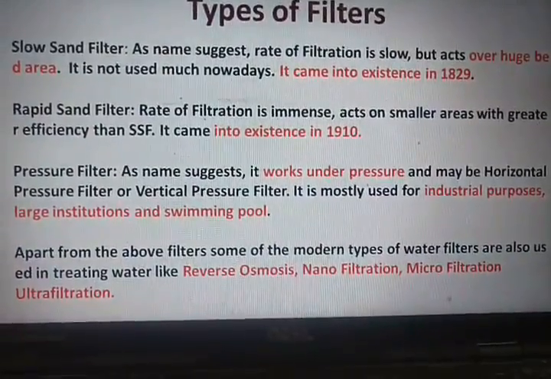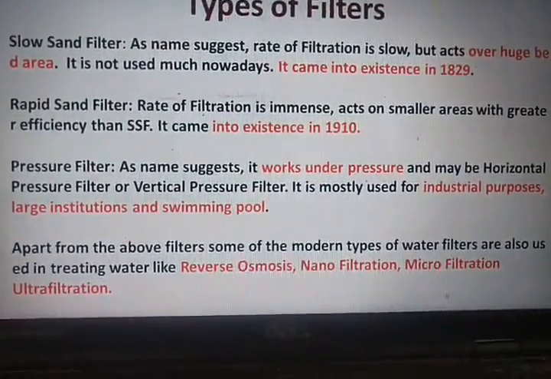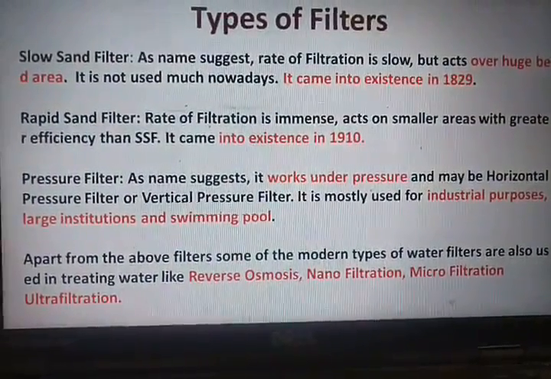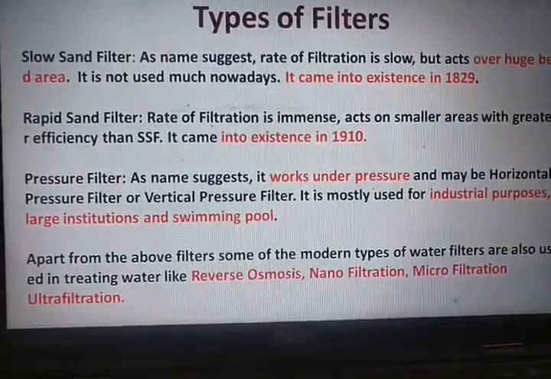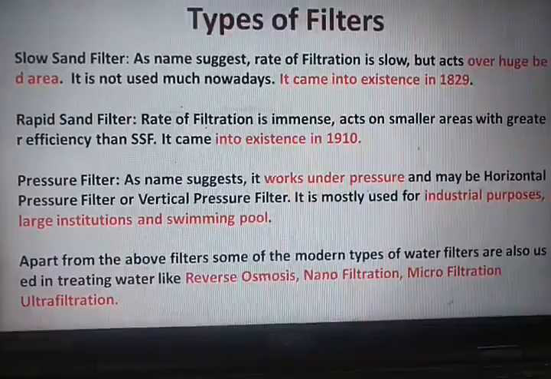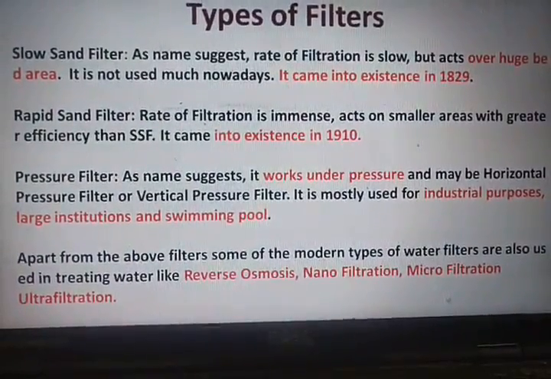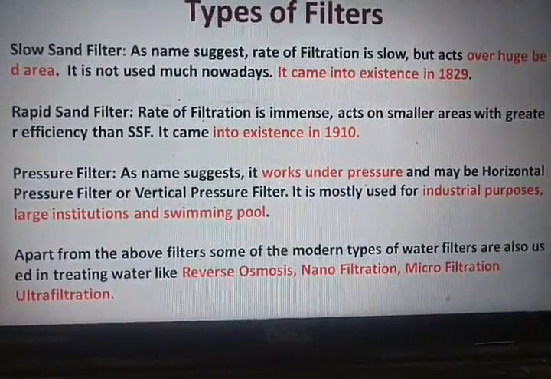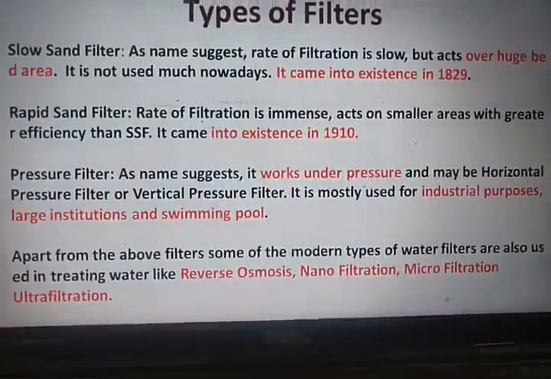Then the third one is pressure filters. As the name suggests, it works under pressure, and due to its arrangement, it can be a horizontal type or vertical type. It is mostly used for industrial purposes, large institutions and swimming pools.